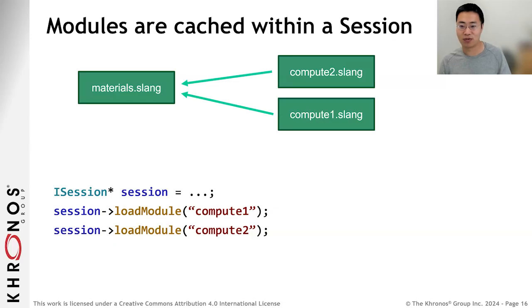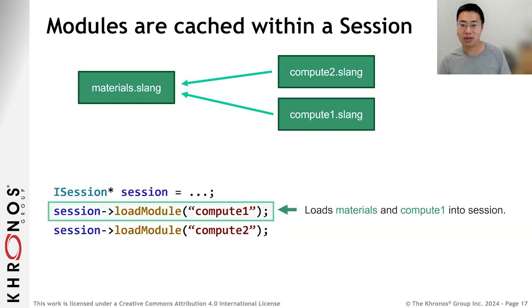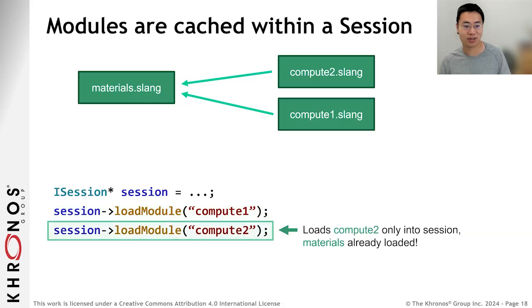And to do that, you will first create a Slang session, and then you load the modules into the session. All right, so know that when you are loading this compute 1 module, Slang will also implicitly load the materials module into that session because compute 1 imports materials.